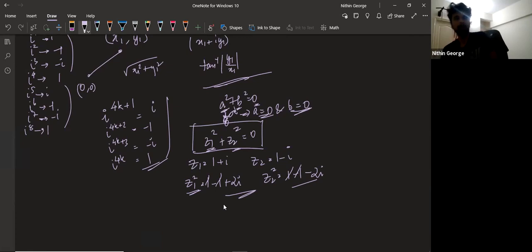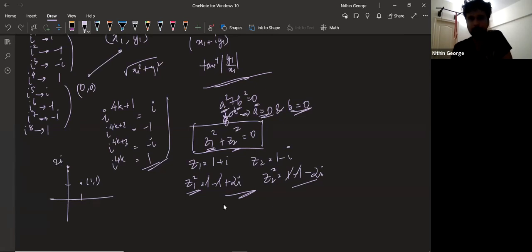Now, Z1 is 1 plus i, so Z1 square was 2i. Z1's magnitude is the length of this vector.